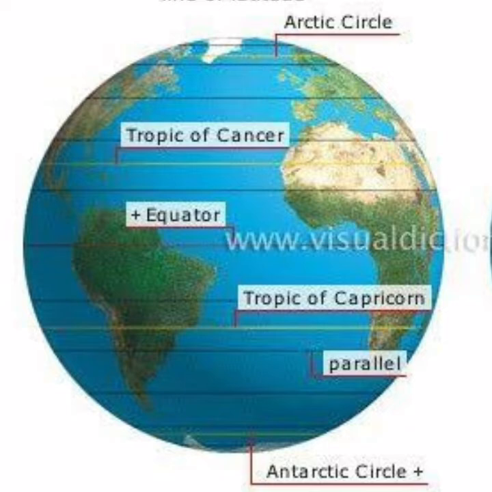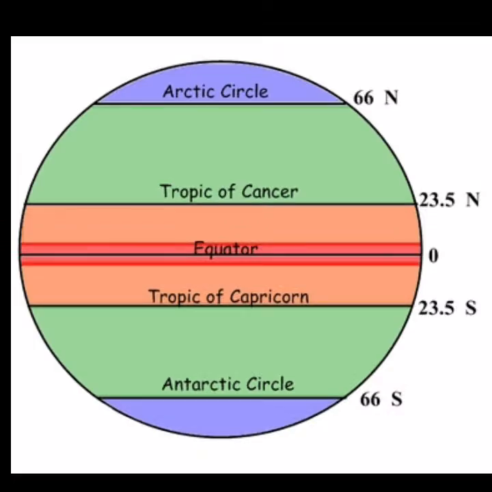There are 4 important parallels of latitudes. First, Tropic of Cancer, 23.5 degrees north in the northern hemisphere. Second, Tropic of Capricorn, 23.5 degrees south in the southern hemisphere.